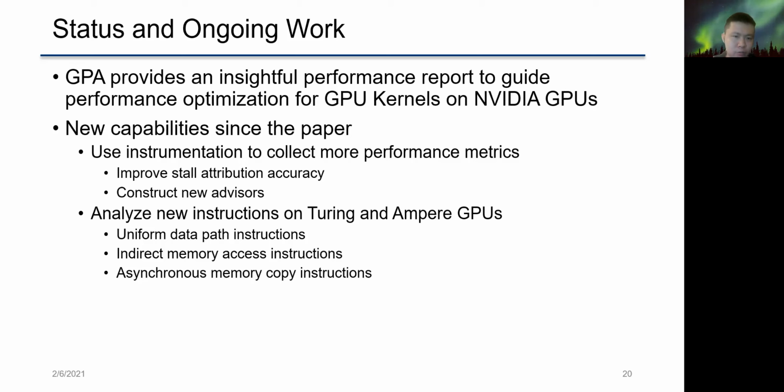GPA can use instrumentation-based metrics to improve stall attribution accuracy and construct new advisors. We also developed analysis capability to analyze new instructions on Turing and Ampere GPUs. Now we can analyze instructions including uniform datapath instructions, indirect memory access instructions, and asynchronous memory copy instructions.